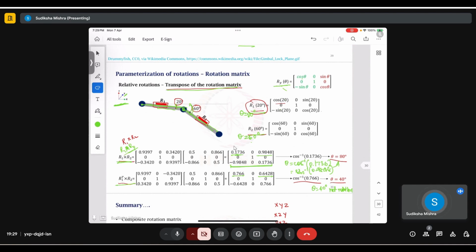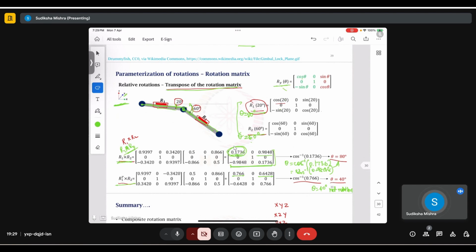If you were to multiply these two rotation matrices, you will get a new rotation matrix which tells you about the sum of both of these rotations.